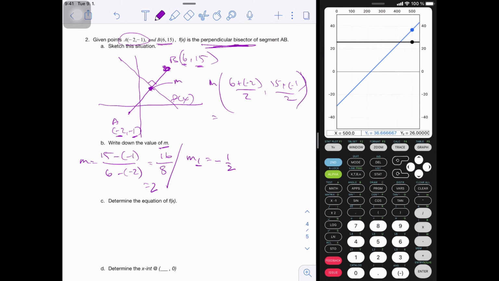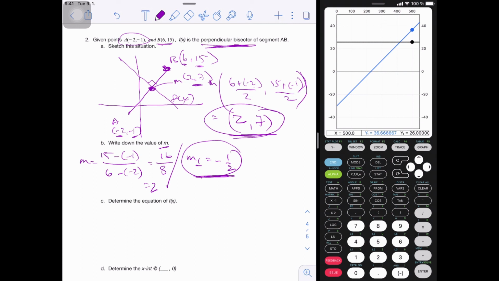And so I get 6 minus 2 is 4, divided by 2 is 2. And 15 minus 1 is 14, divided by 2 is 7. So my midpoint is (2, 7). And this is the point that my perpendicular bisector is going to go through. Because for every single linear equation, I need a direction and I need a point.